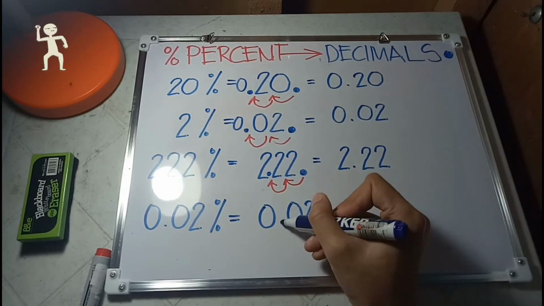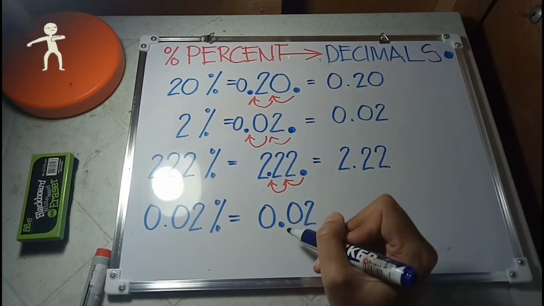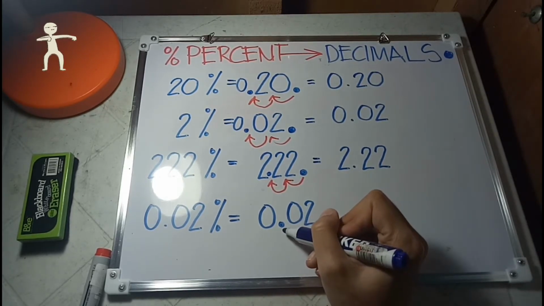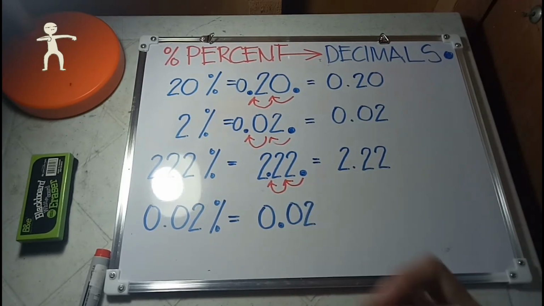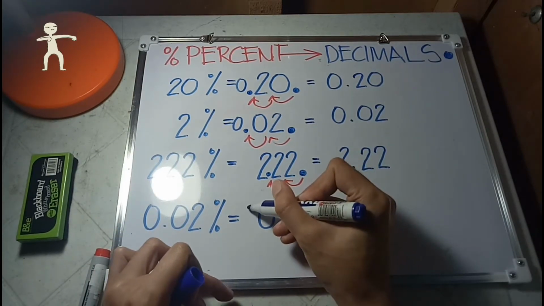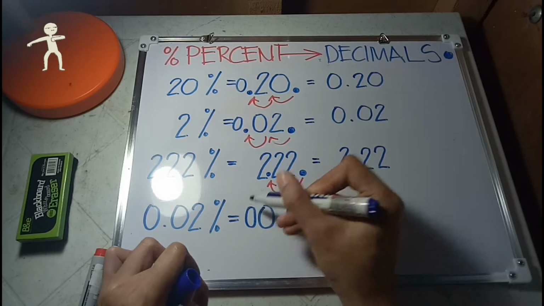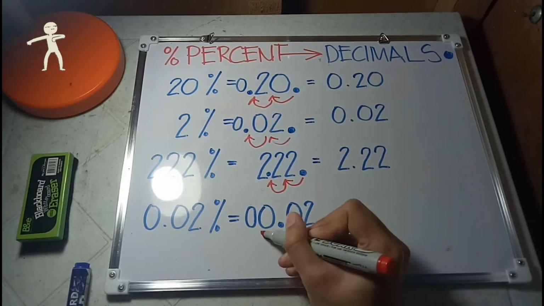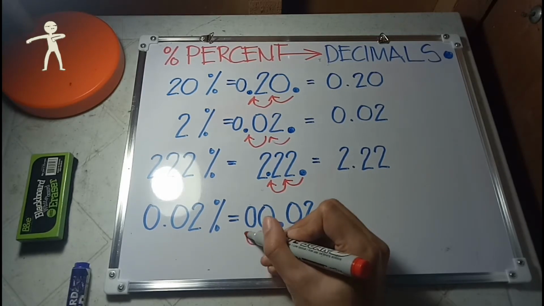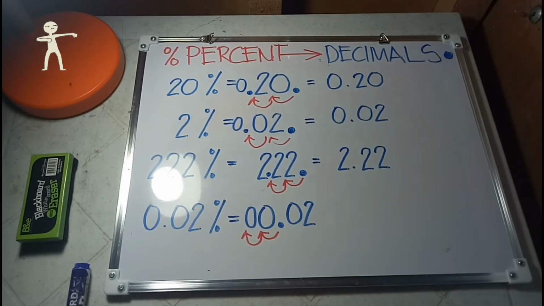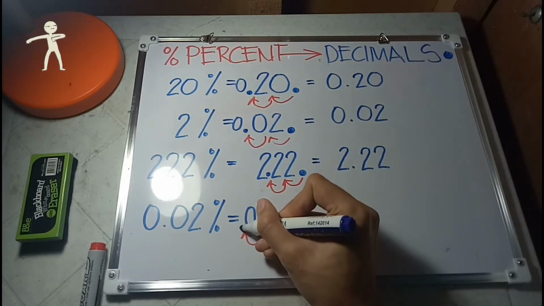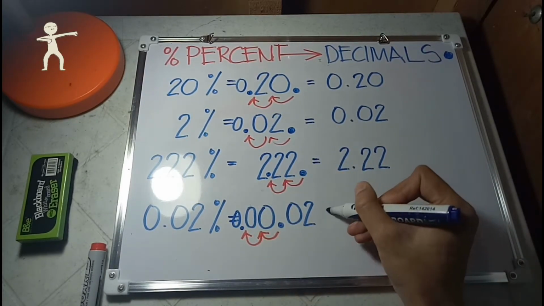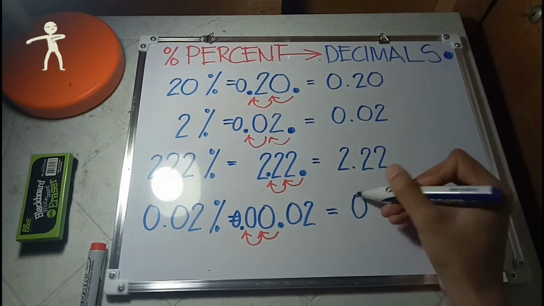So proceed tayo to second step. Since meron na po tayong decimal point, then we will be moving this 2 places to the left again. Okay? As you can see, kulang po tayo ng isa pang digit. So, I will just add another 0. Then move the decimal point 2 places to the left. 1, 2. Here and 0. So that would be 0.0002.